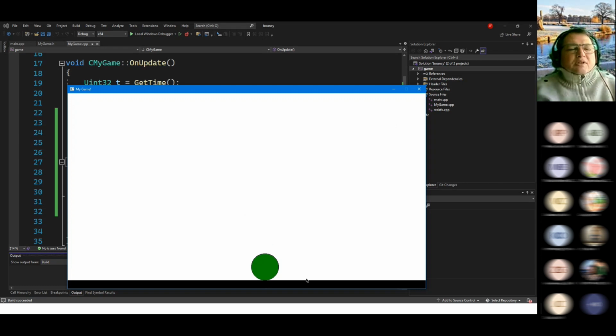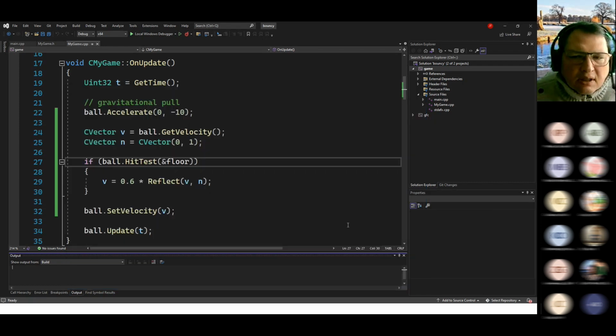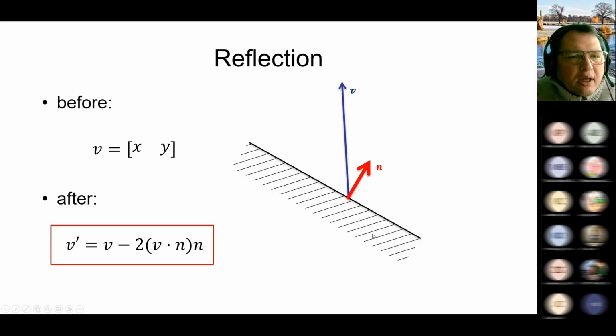Something strange happens because from time to time our marble gets stuck in the object from which it should bounce off. And the reason for that is the exact situation I showed you here, that the reflection formula is applied in the moment when the ball is already flying away from the window.